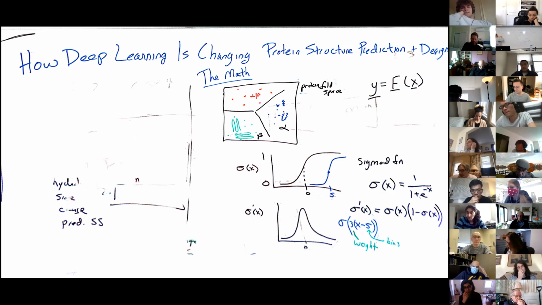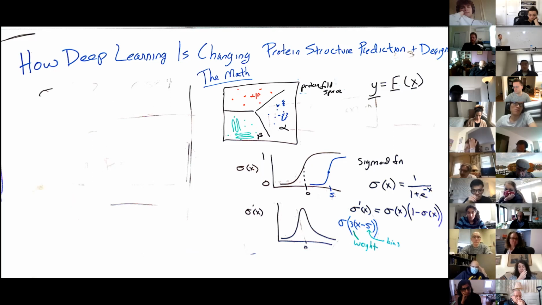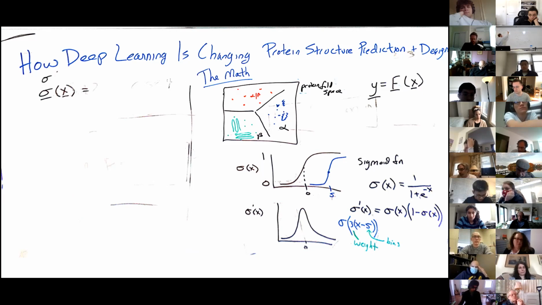I could have a vector function sigma of x. The scalar sigma of x takes a real number and maps it to a real number.